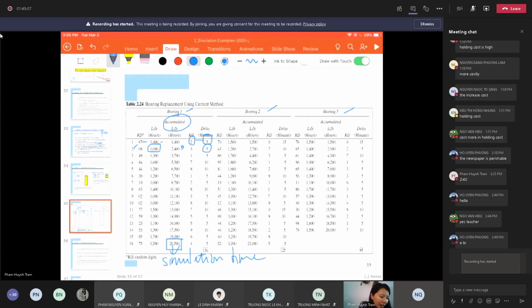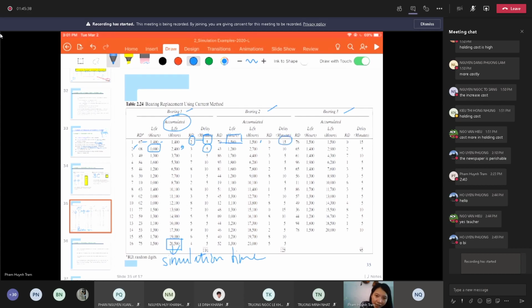Now we look at bearing 2 in this period. The lifetime of the first bearing 2 is 1,500 hours. We also record the simulation time here. After 1,500 hours, it failed, and we call for service.